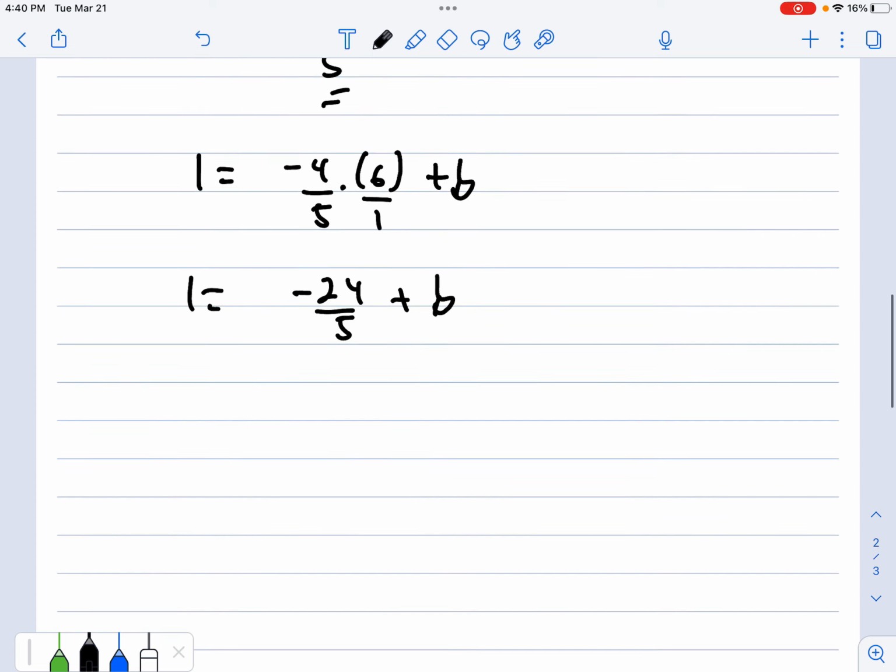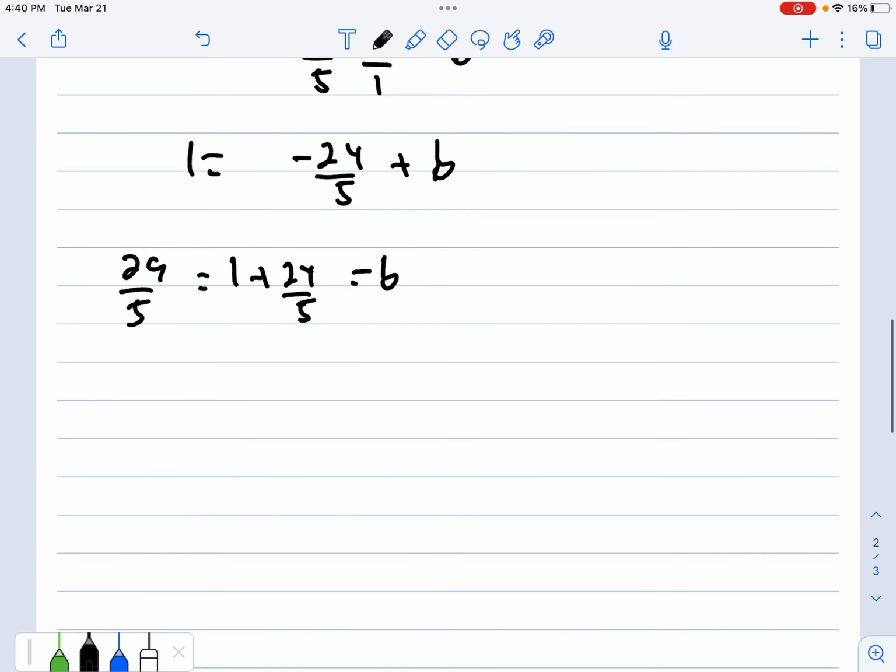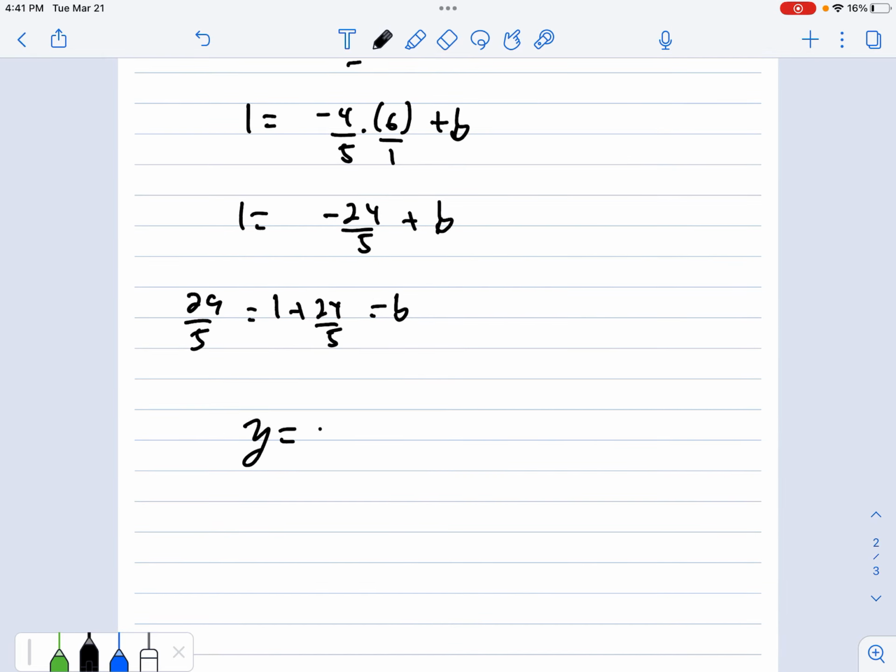And we're going to solve for b by adding 24 over 5 to the other side. If you get a common denominator, you arrive at 29 over 5. So your solution would be y equals negative 4/5 x plus 29 over 5. And this is in slope-intercept form.